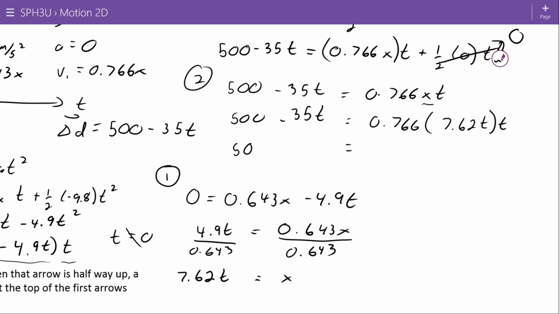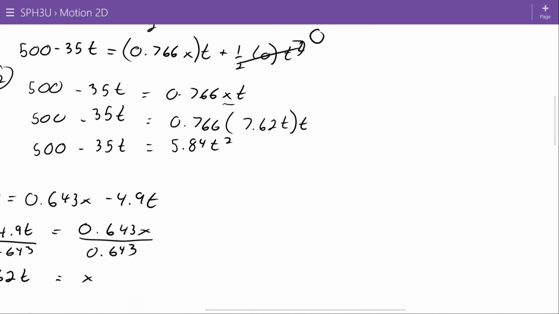Then I can see that I get an equation that, while a little bit annoying, is solvable for t. It's a little bit annoying because it's a quadratic, but what can you do? So I'm going to just bring everything to the right-hand side of that quadratic.